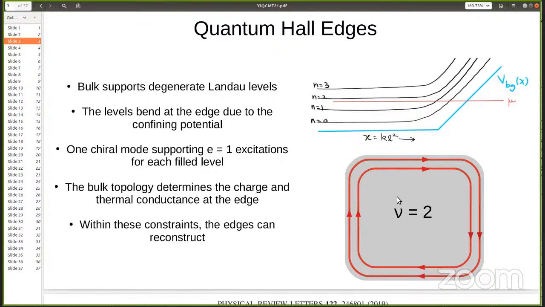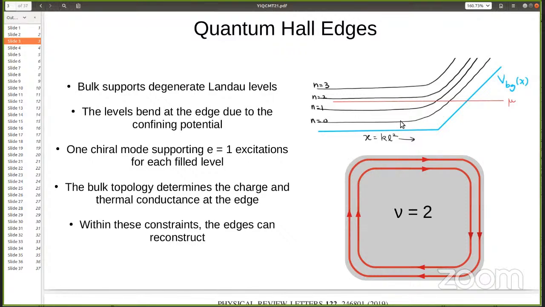And at least for integer Hall states, the number of edge states is expected to be the filling factor. For fractional Hall states, if we describe them in terms of composite fermions, then we can use a similar prescription.